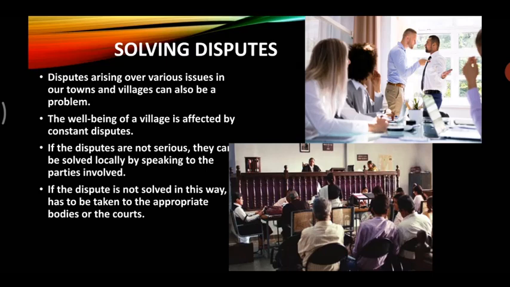Constant means continuous quarreling, continuous fights. No progress will be made, it will obstruct the unity and will also create loss for the village. If you continuously fight, what will happen? You will always fight with the villagers and then you will not have unity in the village.